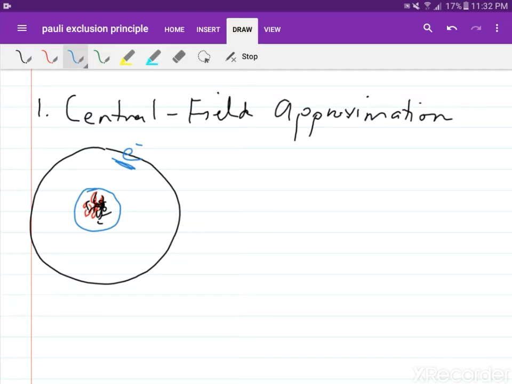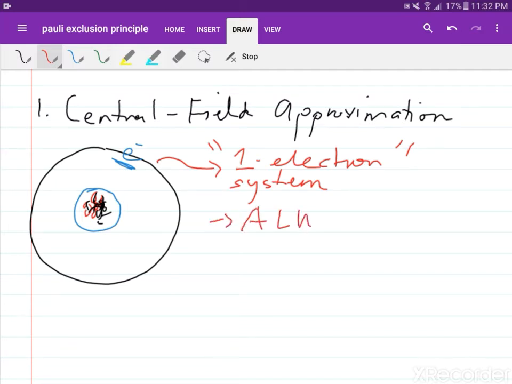So to see how this model fails, this quote unquote one electron system, we would expect it to always be in the ground state.